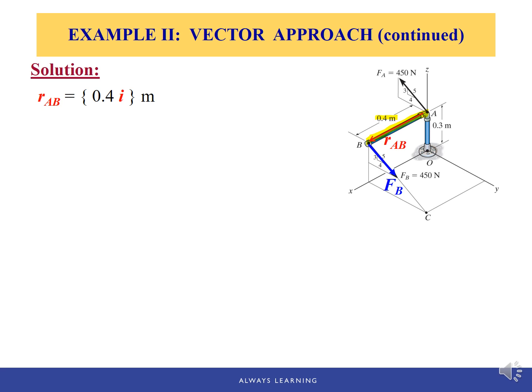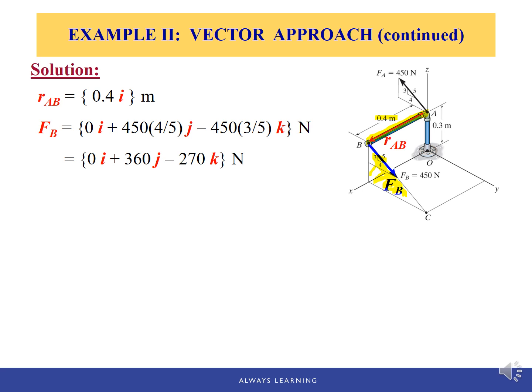Next, we need to find the vector FB in vector form. We already practiced this many times with this slope triangle, the 3, 4, 5 slope triangle. If you take a closer look, FB is actually within the ZY plane, which means that FB doesn't have any x component. So the x component, or the i hat term for FB, will be 0.